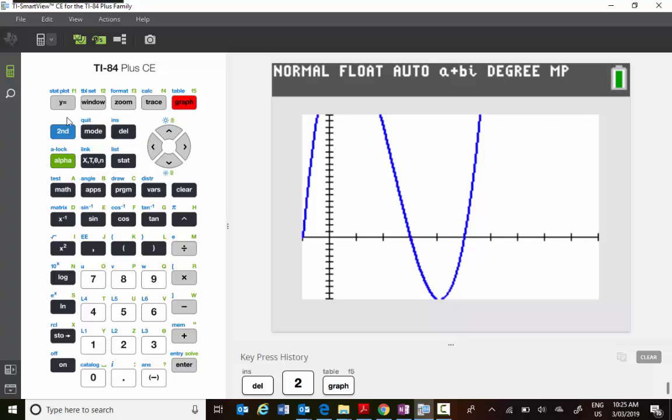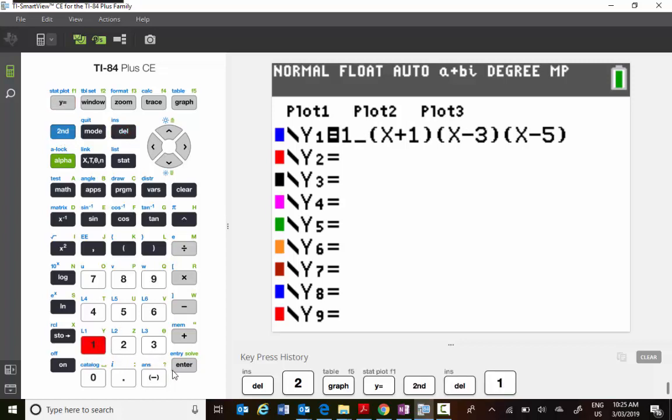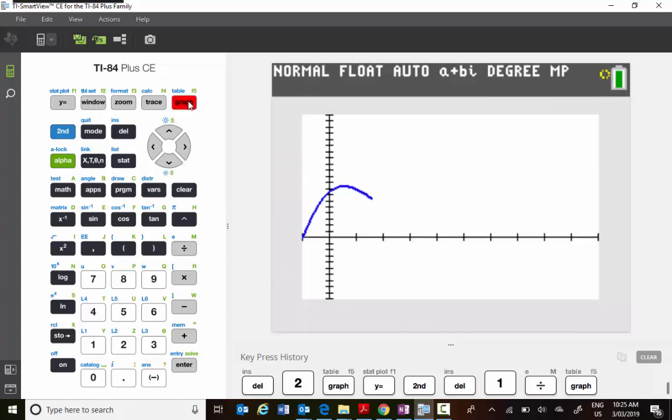We'll change that again. So let's go to y equals. Let's change that to maybe a half. So let's go 1 divided by 2, or I could have put 0.5 in there, and graph that now. So that's made that less, it's basically halved those two turning points, hasn't it?